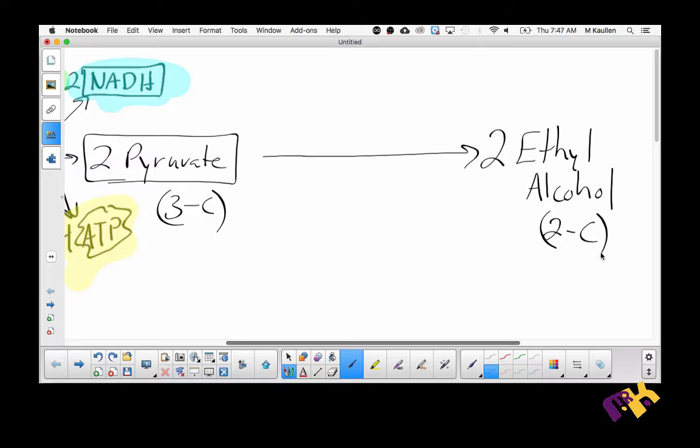So along the way, we've lost a carbon. Where did that go? Well, we're going to be able to pull off from each of the molecules a carbon dioxide. Right? And because we're running 2 pyruvate through here, we will make 2 CO2s. So 2 carbon dioxides will be given off in this process of alcoholic fermentation. And this is why people use yeast for breads and cakes. It will cause your dough to rise.